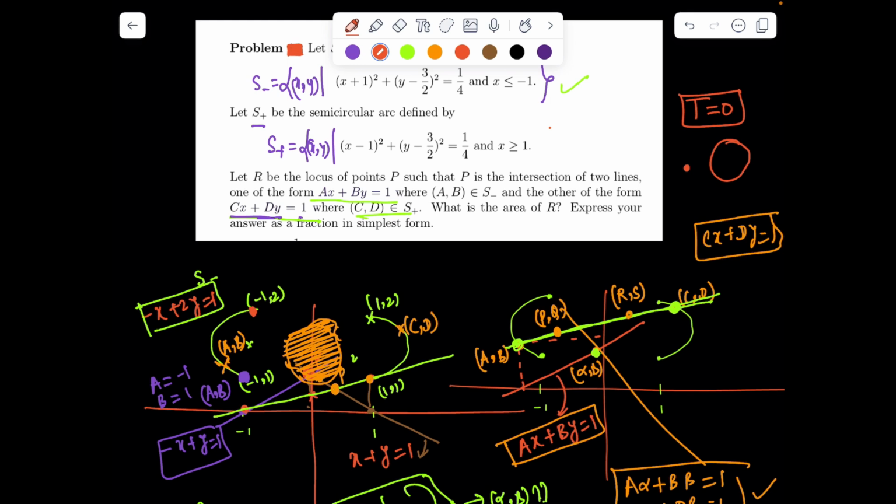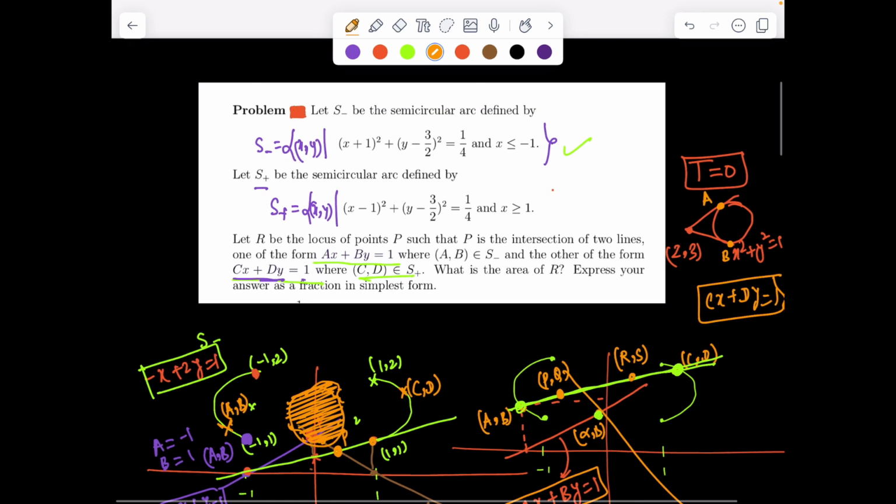So let's say you have a circle x square plus y square equal to 1, and I give you a point outside the circle, 2 comma 3, and you are asked to find the equation of the chord of contact. Let's say I draw tangents and the points of contact are A and B. We don't know what points A and B are, so we write A as x1 comma y1 and B as x2 comma y2.